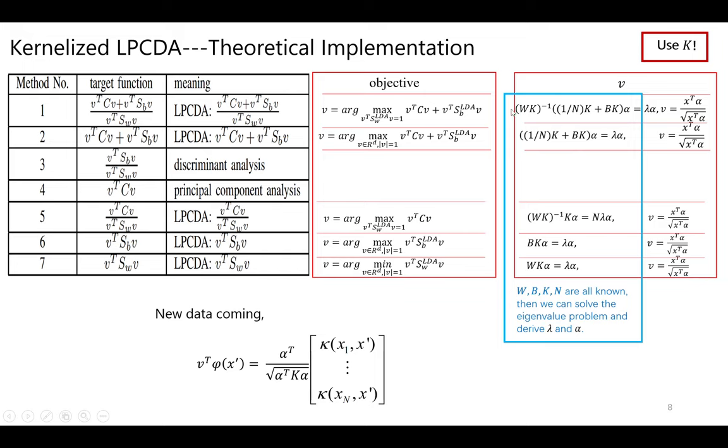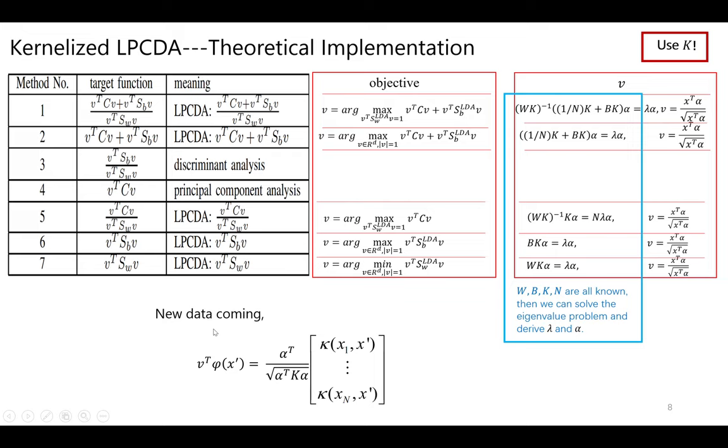From the calculation, we can present the objectives of each method as these equations. These matrices W, B, K are all known in the feature space, so these equations are all solvable, and our target V can be represented by this equation.